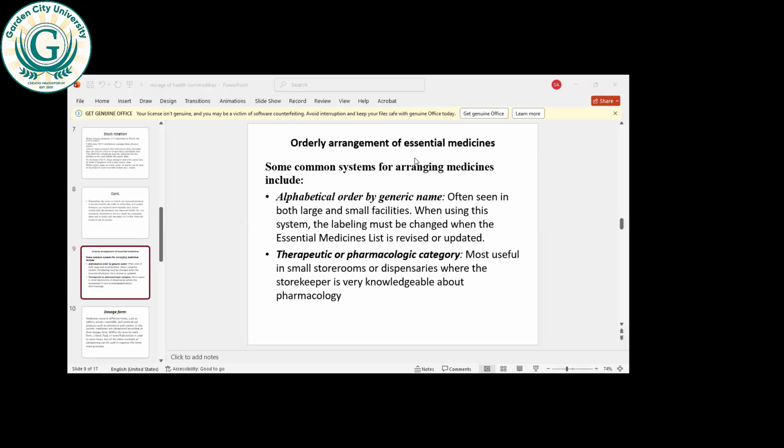So when you talk of generic name, sometimes we have generic drugs. What are generic drugs?